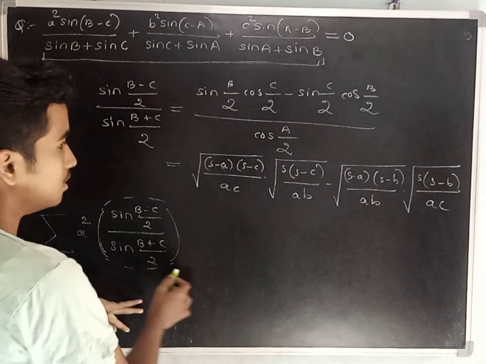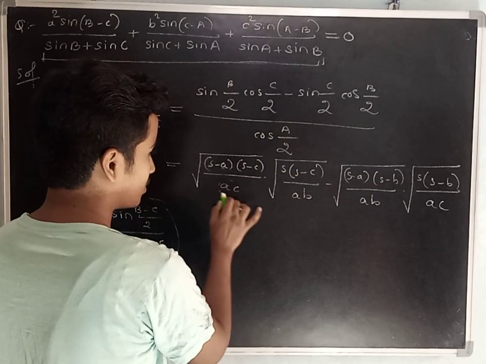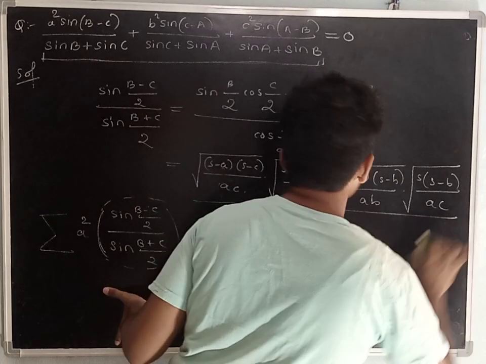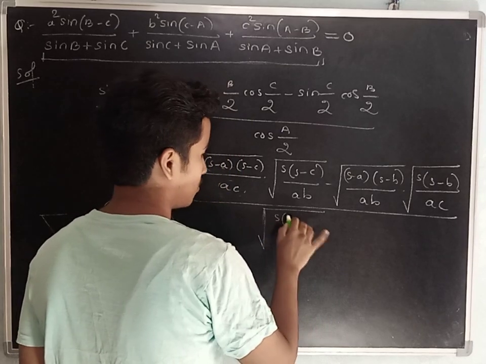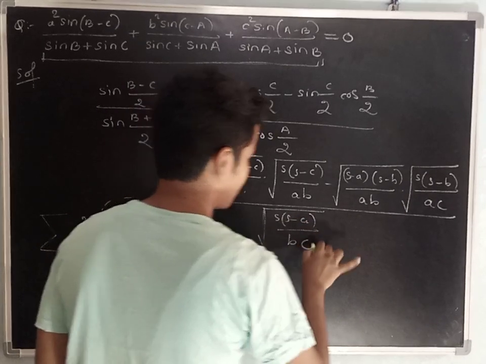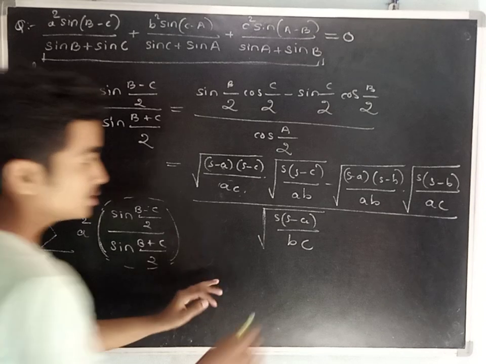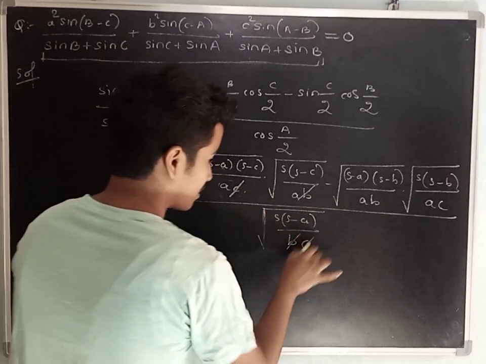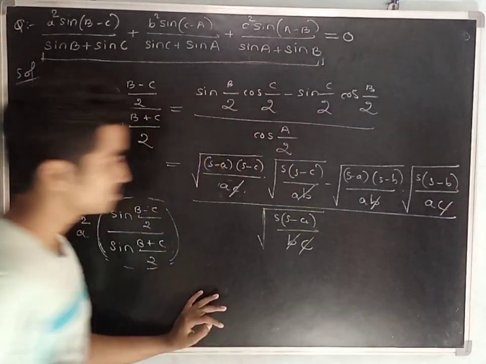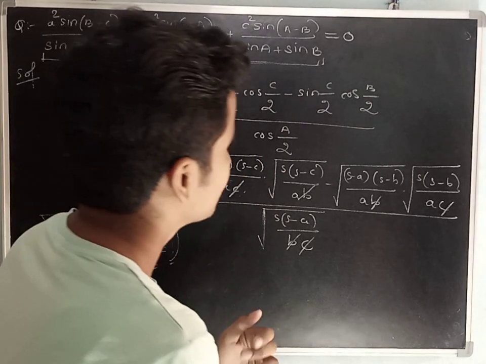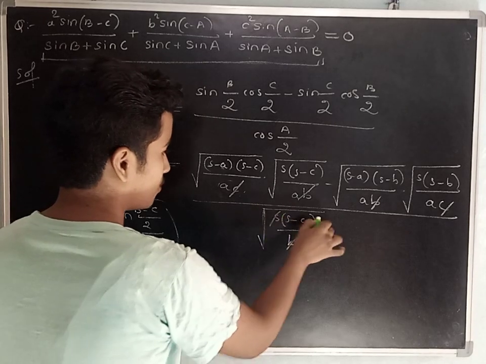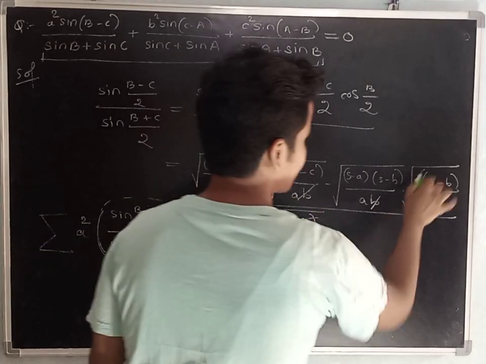What are the terms I am going to get common here? By cos a by 2, it's nothing but root of s(s minus a) by bc. So here bc gets cancelled, and here root of s(s minus a) also gets cancelled.